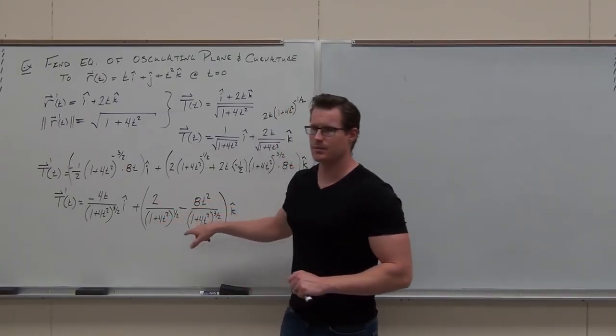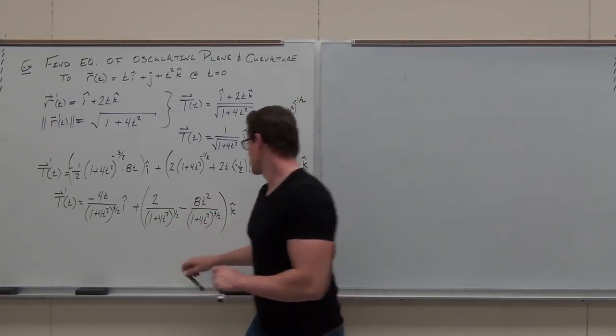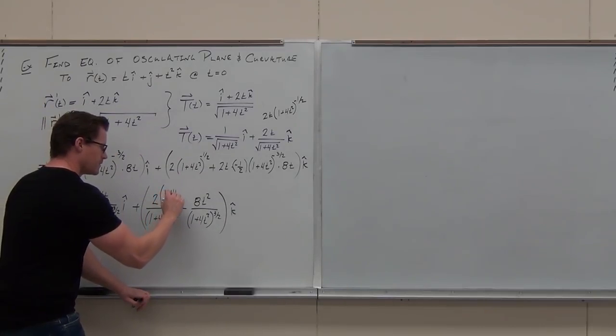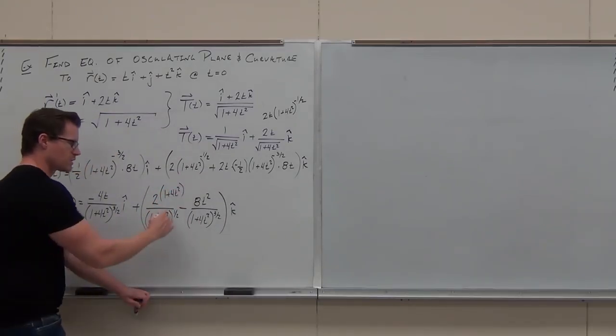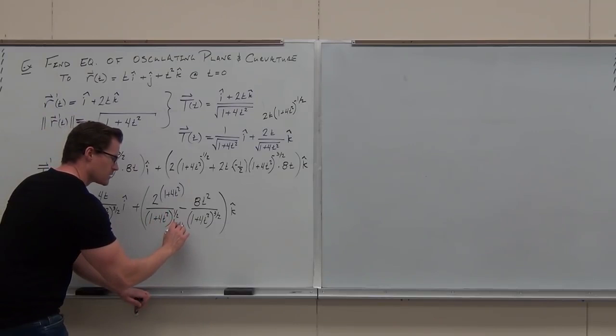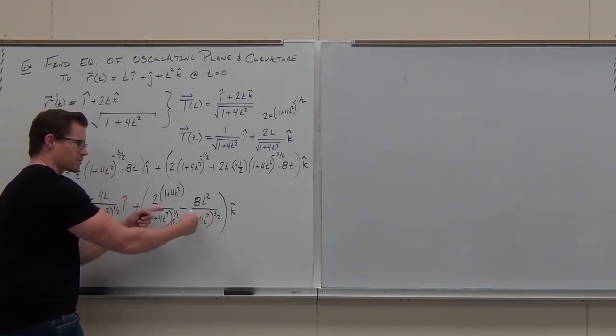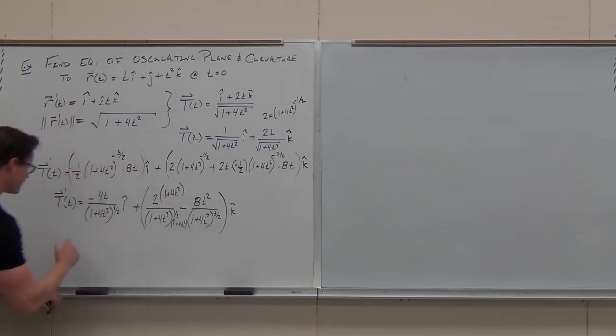Get yourself a common denominator. If you do that, I would multiply this by 1 plus 4t squared over 1 plus 4t squared. What that does, that creates this 3/2 with a 3/2, and we distribute that.